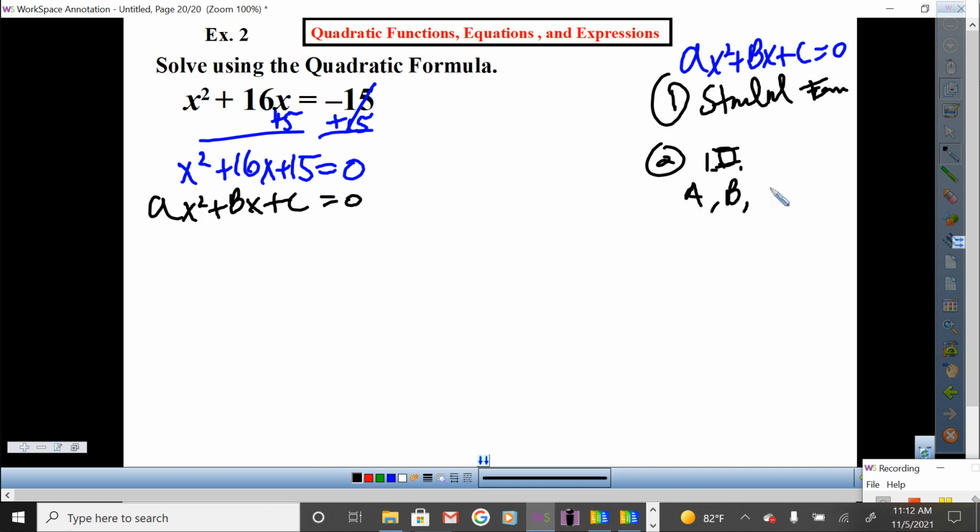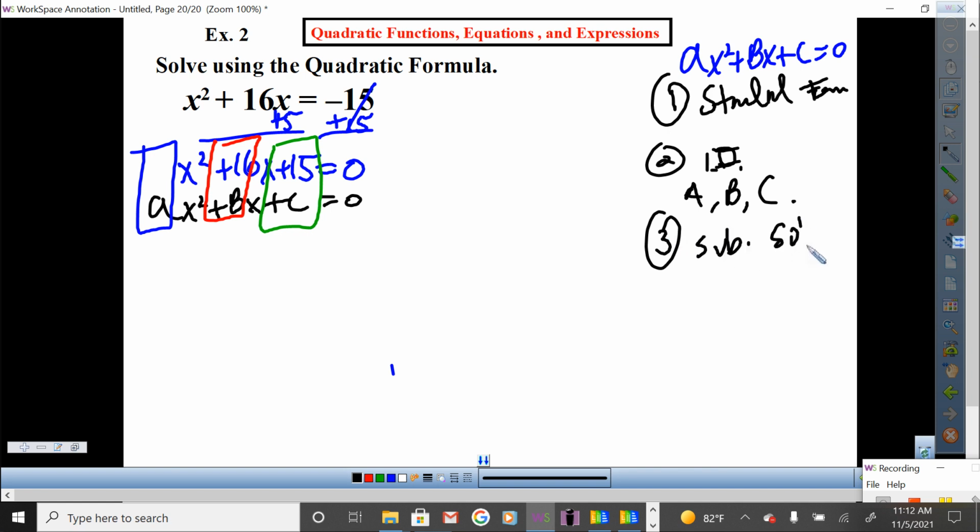Step 2, we need to identify A, B, and C. Well, by looking at it, tell your neighbor what A is. And B. And C. Does everybody see all 3 values? Yes? Alright, and the third step is to substitute and solve.